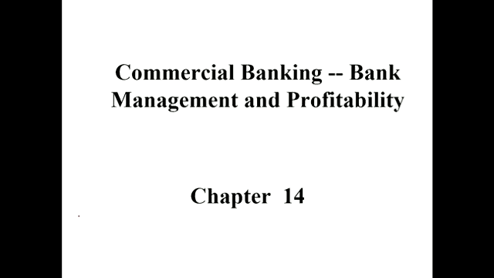Good. Okay, so today we're starting the second half of this section on commercial banking. We finished the first half yesterday. Basically, we're looking at the structure of the balance sheet, how it works, and now we're going to look at it in terms of how a bank manages the risks that it faces, and also how it tries to remain profitable.